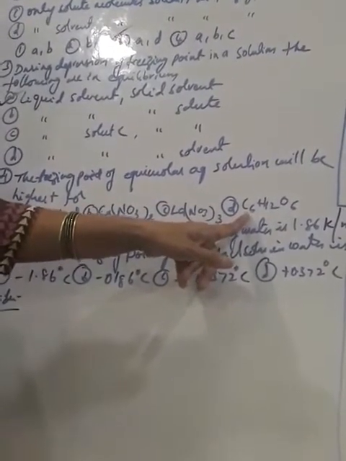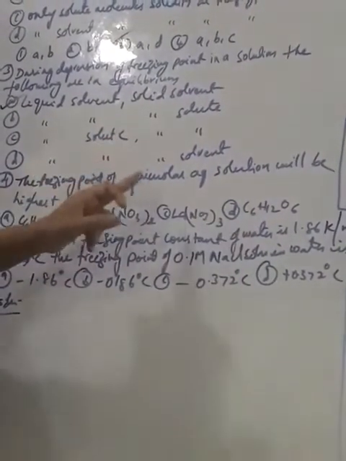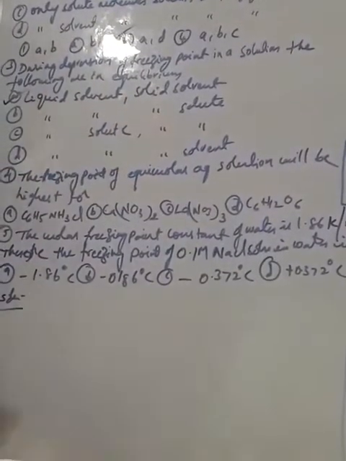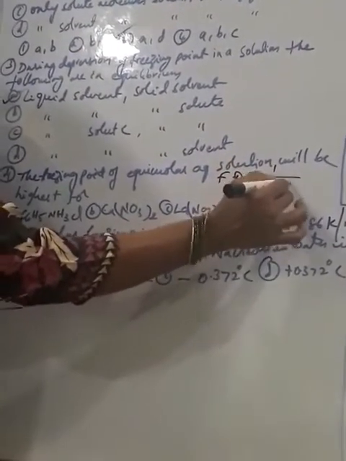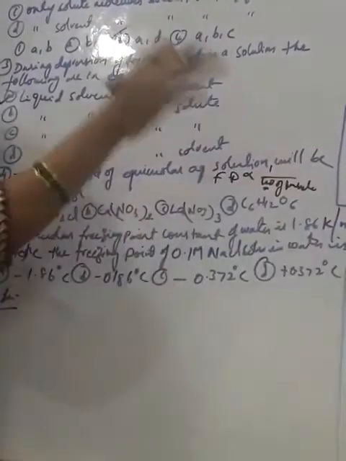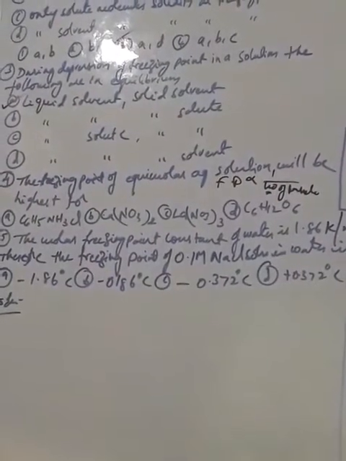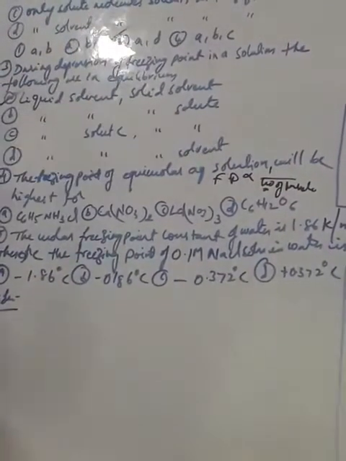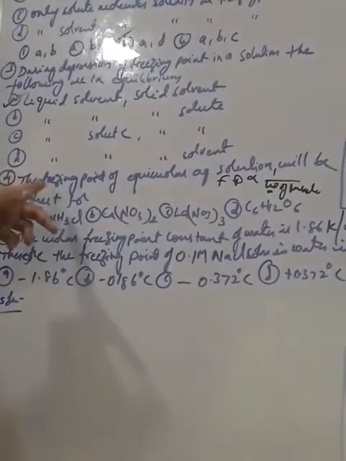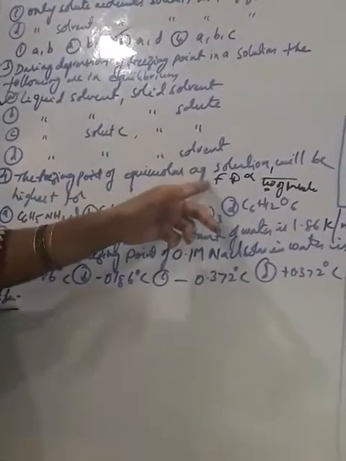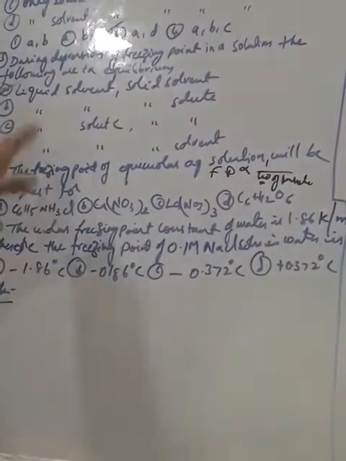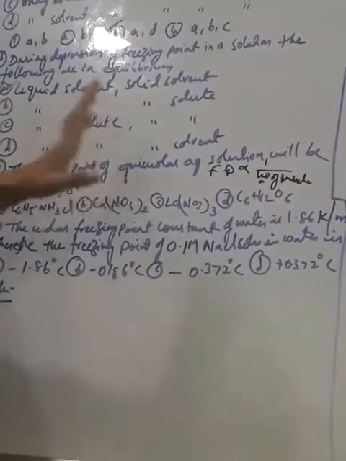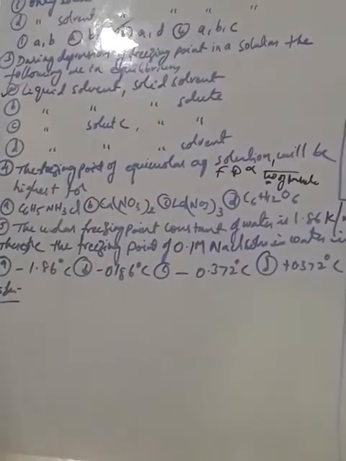So freezing point is inversely proportional to the number of particles. The lesser the number of particles, the greater is the freezing point. So the freezing point of equimolar aqueous solution will be highest for one of these components, all having the same concentration, but differing in the production of ions in the solution.